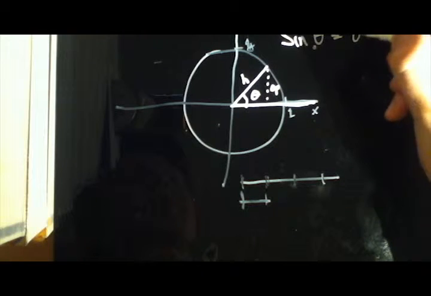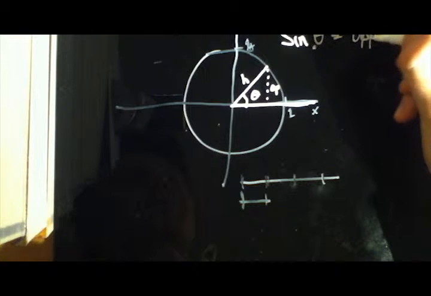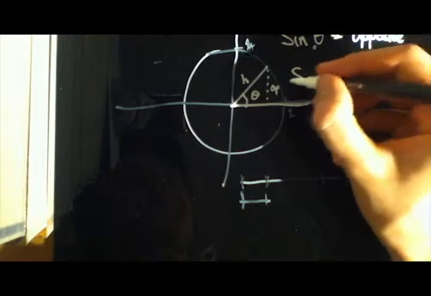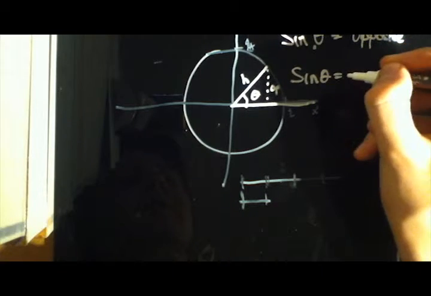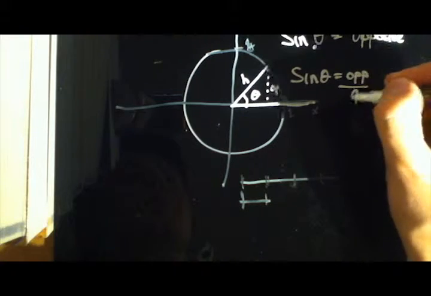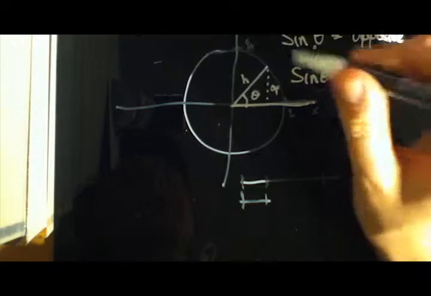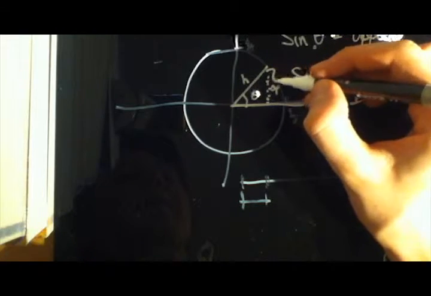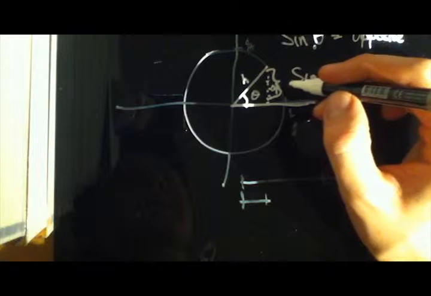So sine of theta is equal to opposite over 1, which is the same thing as opposite. So sine of this angle is this length. This length you're seeing right here is sine.